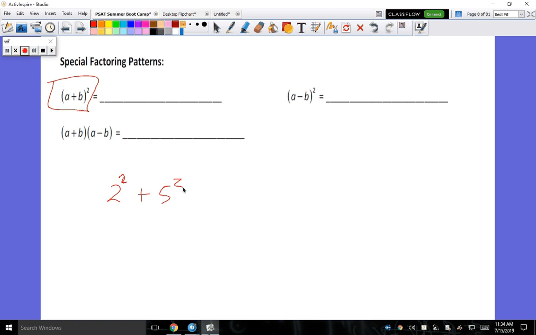If it existed. 4 plus 25. We know this exists, right? What is it? 29. But if a sum of squares exists, that means you can factor them.